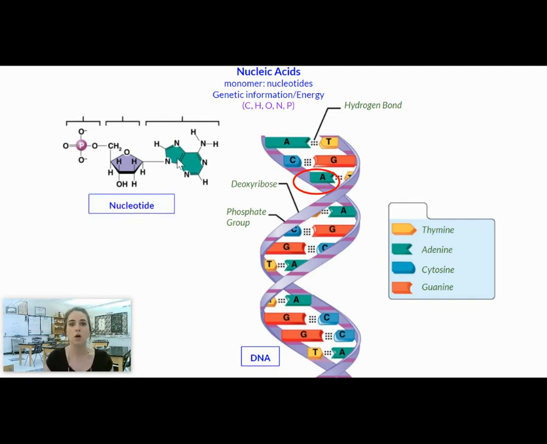It consists of all three parts, the phosphate group, the 5-carbon sugar, and the nitrogenous base. The nitrogenous bases are these, right? And U for uracil. We find uracil only in RNA, and so it's not listed with this DNA picture, but it's also one of those nitrogenous bases.